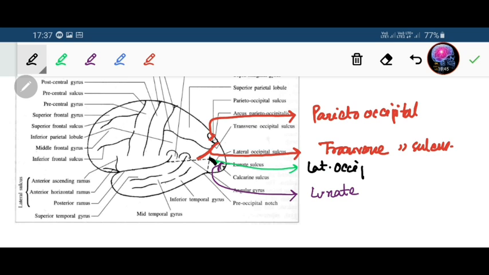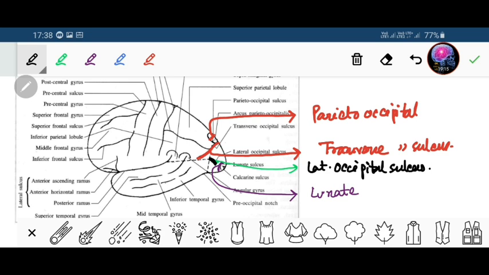Lateral occipital sulcus. So these are the important features on the superlateral surface of the occipital lobe of the cerebral hemisphere.